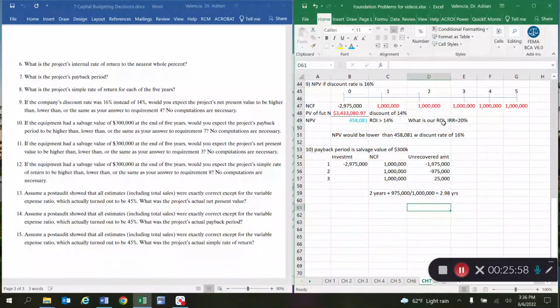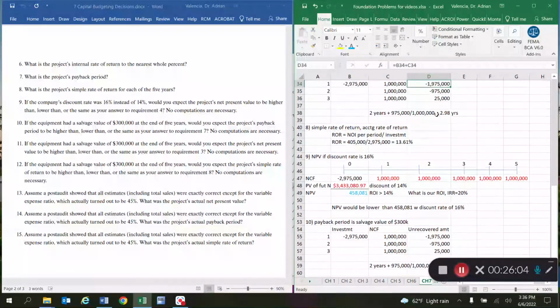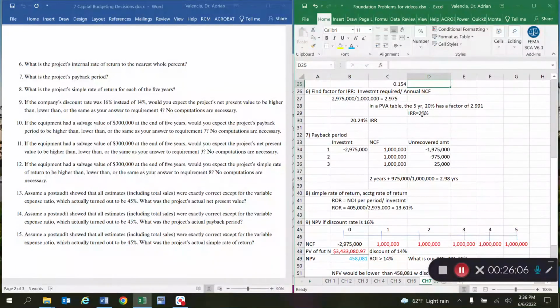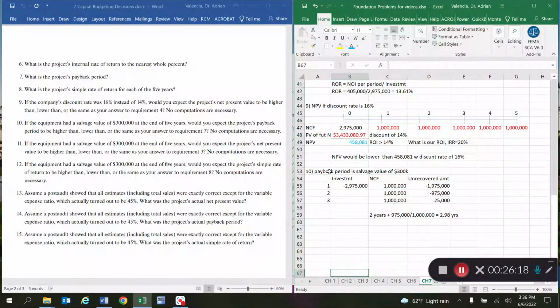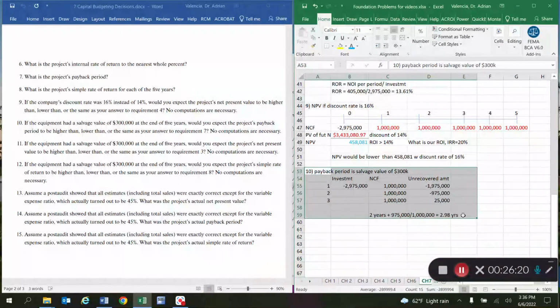Yes, it would be more than 20% if we have more money coming in, and it would affect the present value of those future cash flows as well. It would potentially affect your simple rate of return as well, and it would just be better for other metrics. But for the payback period, it would have no effect, given that we're recovering the investment within the 3rd year.